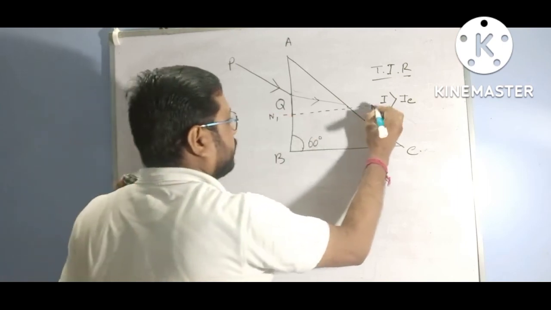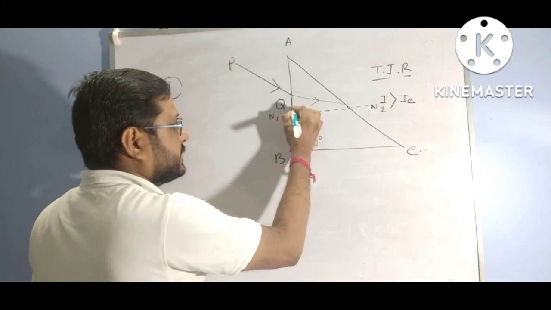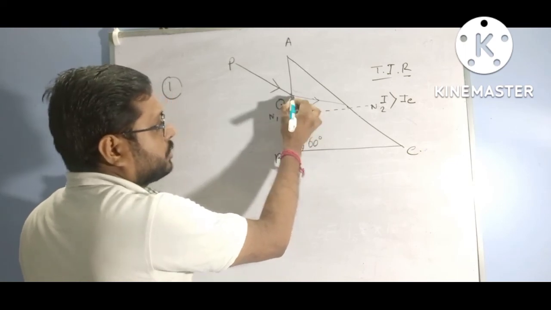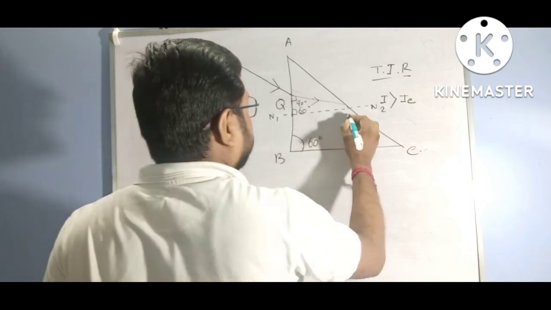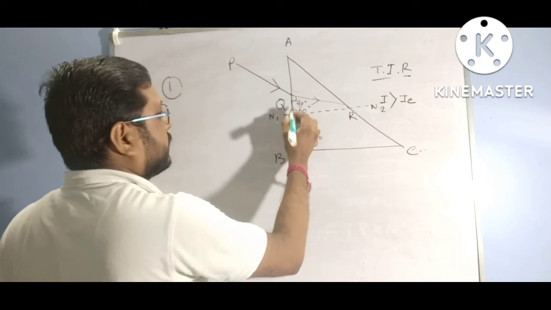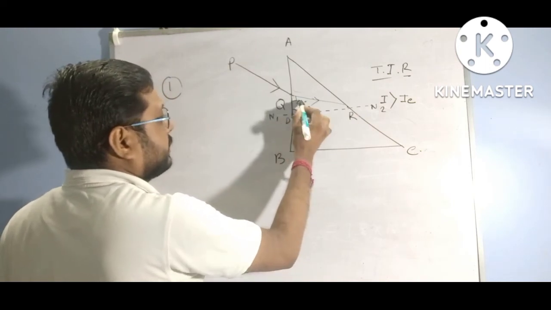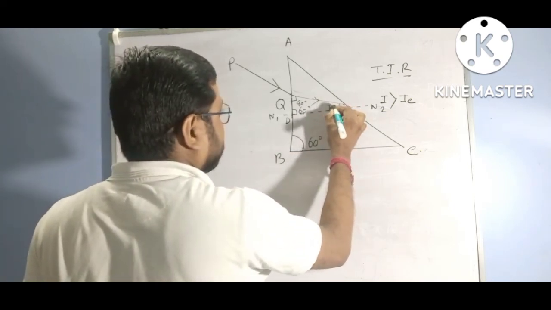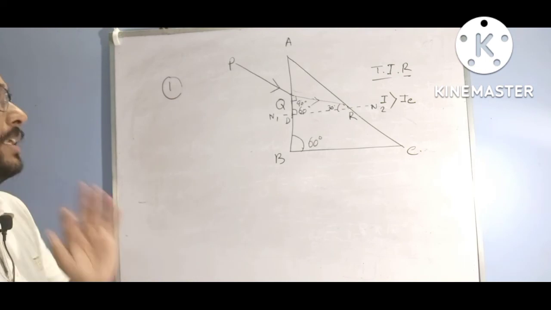This is N1, N2 and BC are parallel, so this is 60 degree also, and as this is a normal ray, this angle must be 90 degree. If we take the point R, then in triangle QDR, 90 plus 60 is 150, so this angle must be 30 degree.